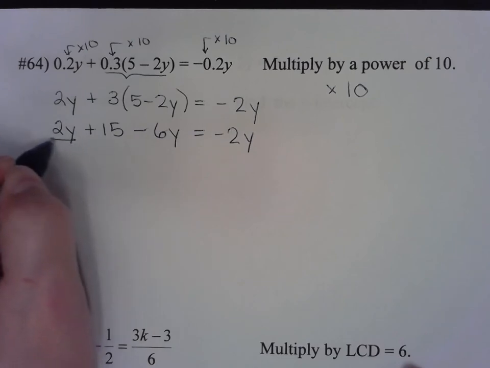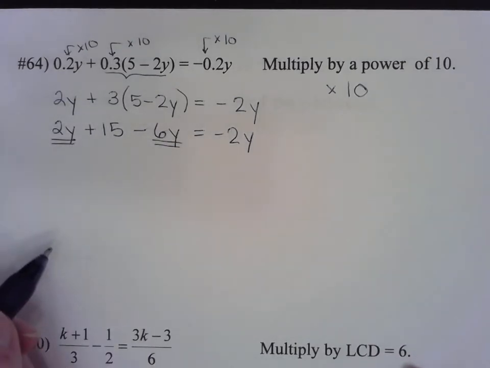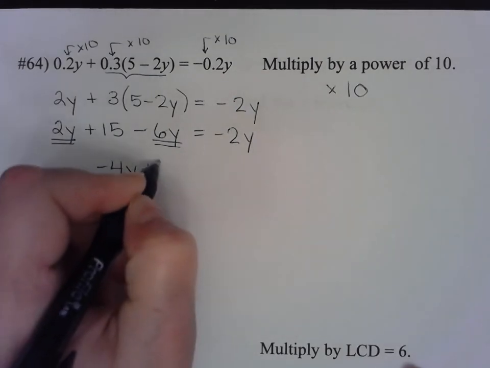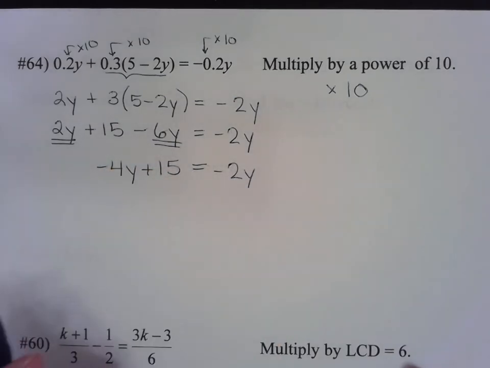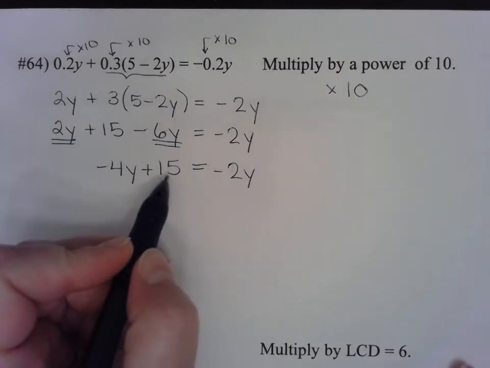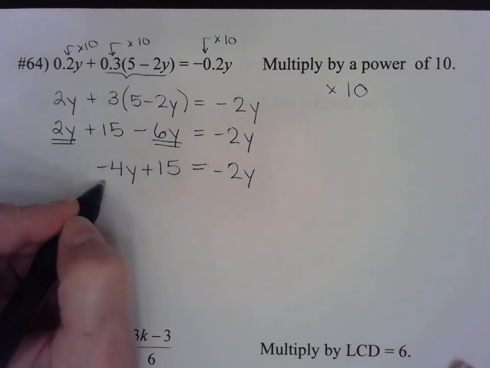Okay, then we would distribute like we just did, combine like terms on the left-hand side. Then we want to get all the y's on one side and all the numbers on the other. Since I only have the number 15, it might make sense to move my y's over to the right this time.